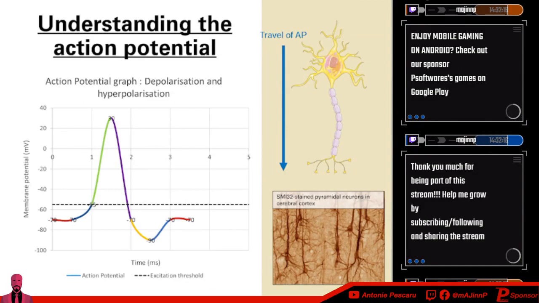The blue line then comes into play, and from minus 90, it has to go back all the way to minus 70. And that's where our repolarization happens, because the neuron doesn't want to work harder to get back to minus 55. It doesn't want to work even harder to reach its excitation threshold. No, it wants to get as close to it as possible.